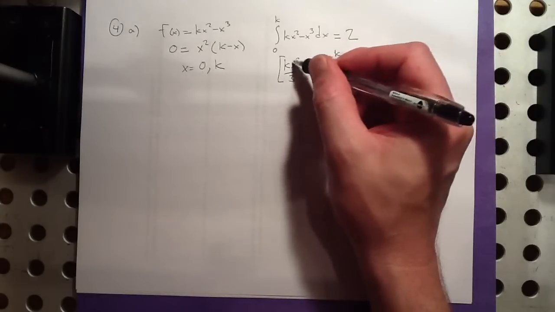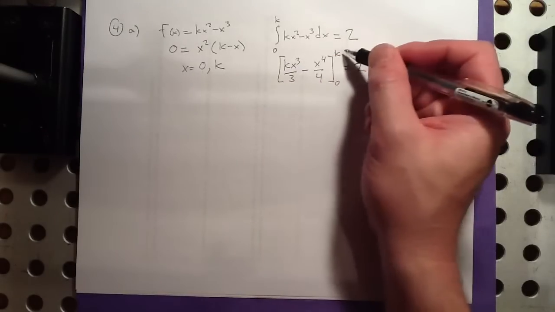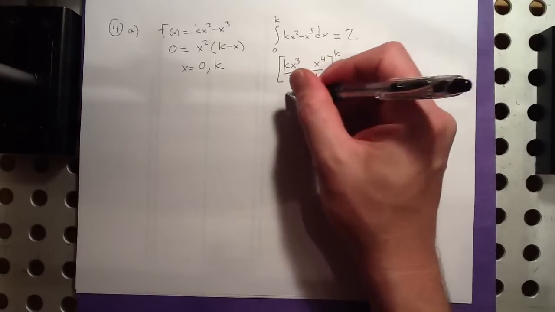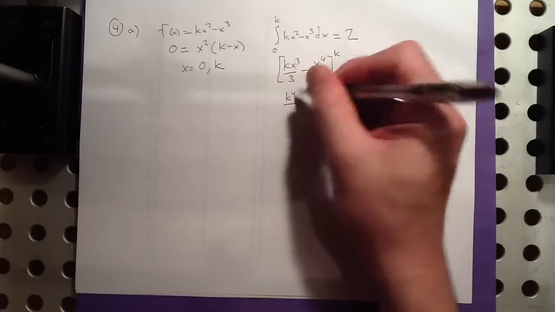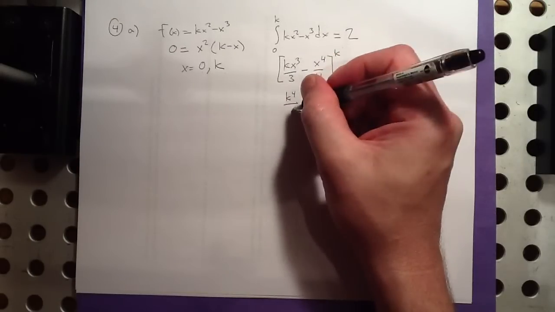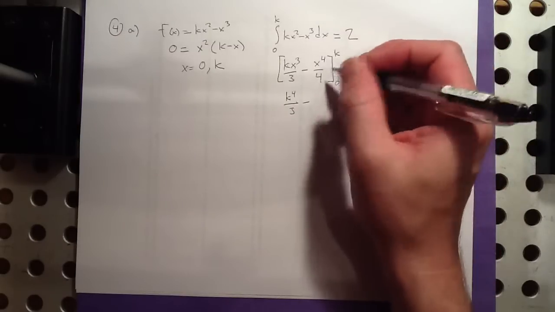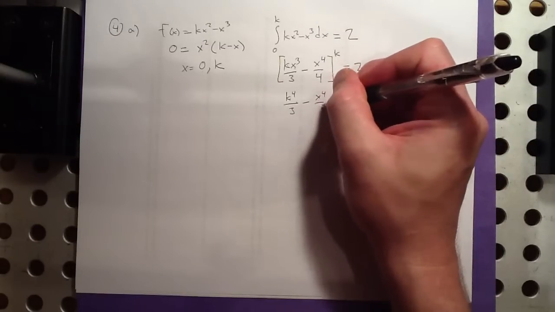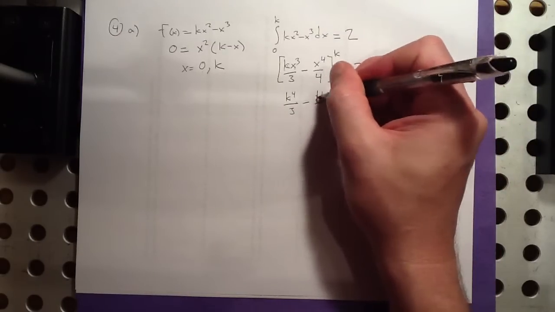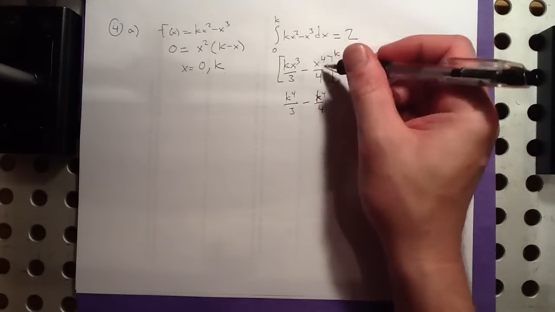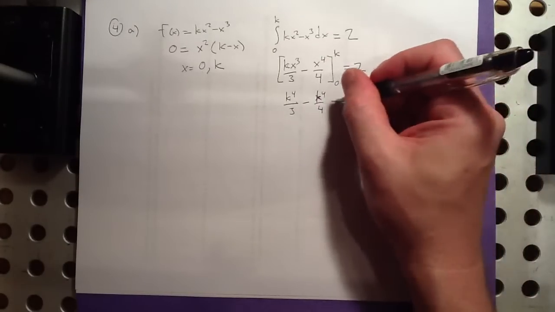That gives me k to the fourth over 3, because I already had a k there and there's 3 more of them, and then when I plug k into that, that's k to the fourth over 4, and when I plug 0 into both of those, it just is 0.